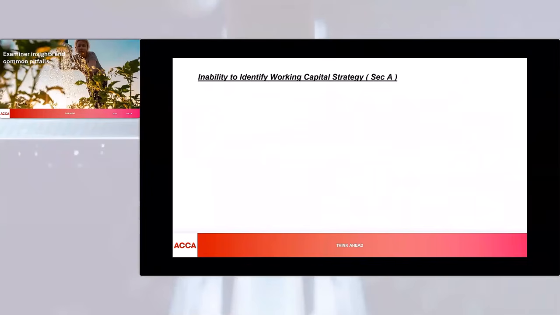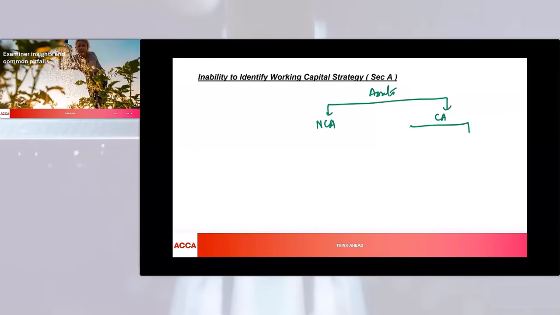And the next major thing is in the topic called working capital strategy. As far as working capital is concerned, there are various approaches with regard to the funding of working capital. If we pick out the assets, we have non-current assets and current assets.